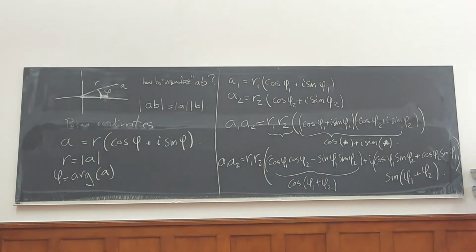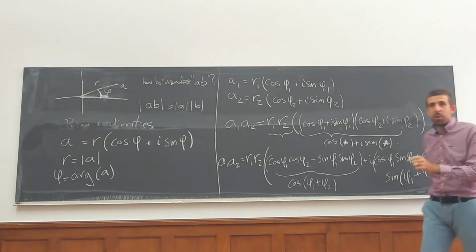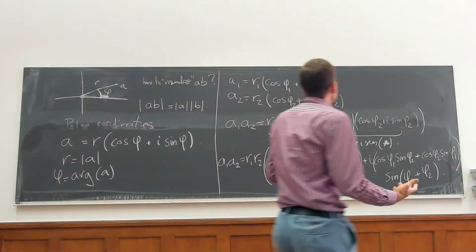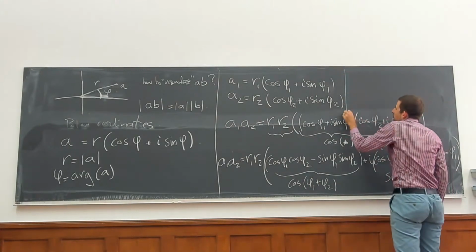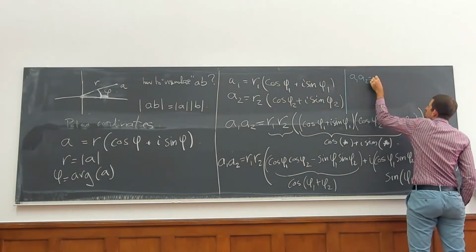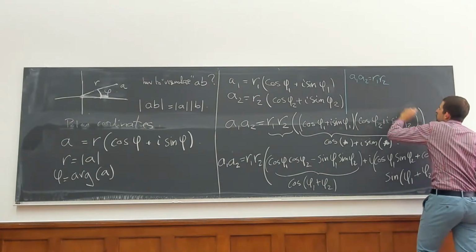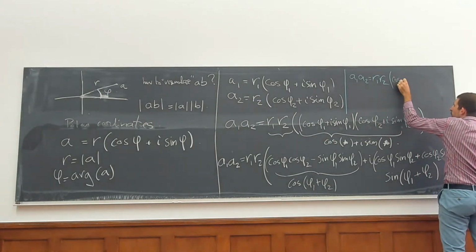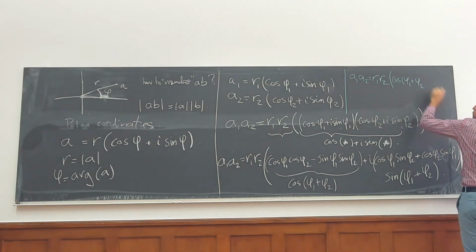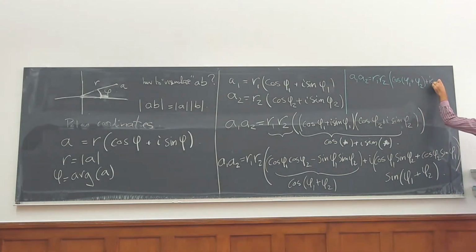So you get a very, very unique formula for the product, right? That gives it an interpretation, a way to visualize. A1 A2 is equal to R1 R2 times cosine of the sum of angles plus i sine of the sum of angles.